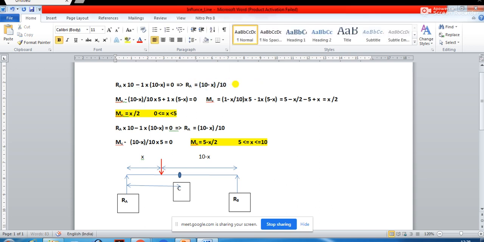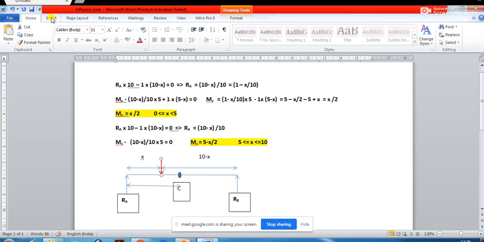This 10 minus x by 10 is nothing but 1 minus x upon 10, since 10 by 10 is equal to 1. So it is going to be 1 minus x by 10 multiplied by 5. This distance is 5 meter, and then this load is going to create moment about this C. How much will be this moment?